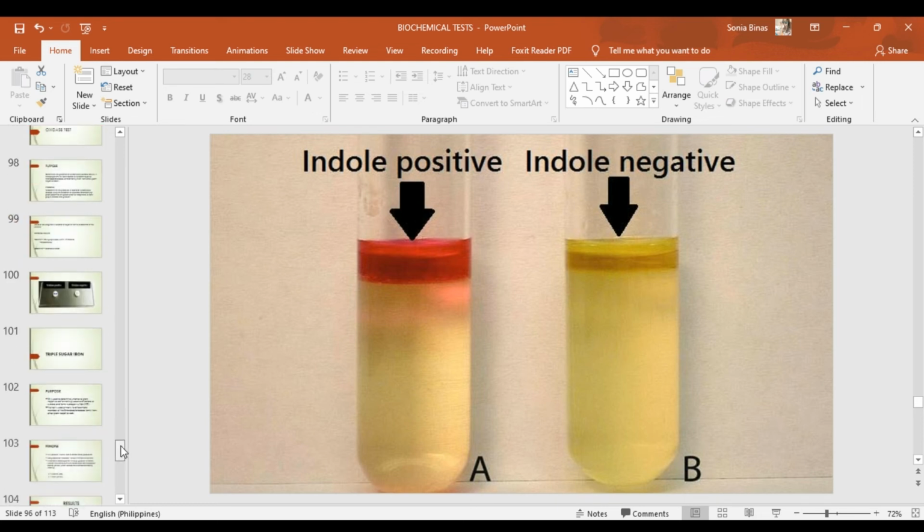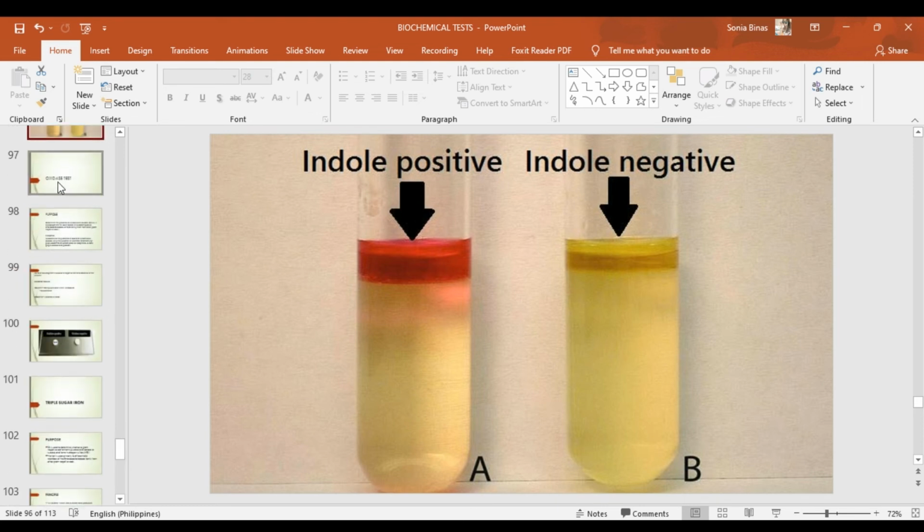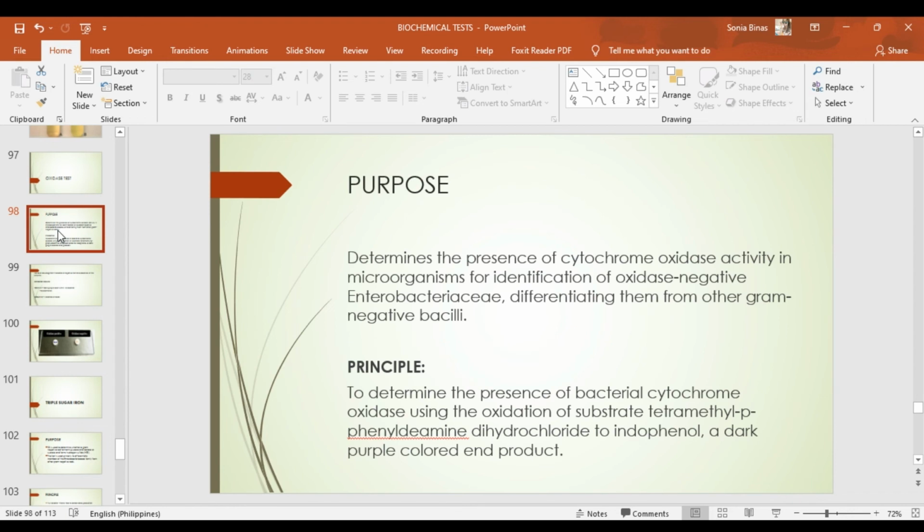So for our oxidase test, the purpose of this test is to determine the presence of cytochrome oxidase activity in microorganisms, for identifying oxidase-negative Enterobacteriaceae, differentiating them from other gram-negative bacilli.